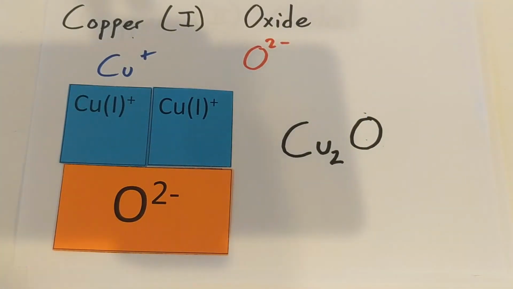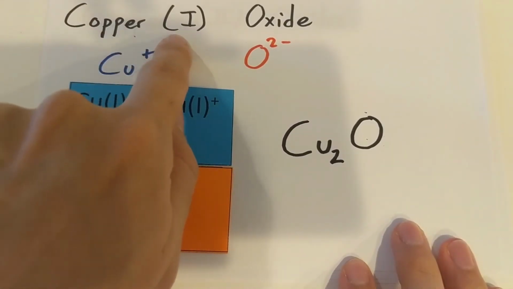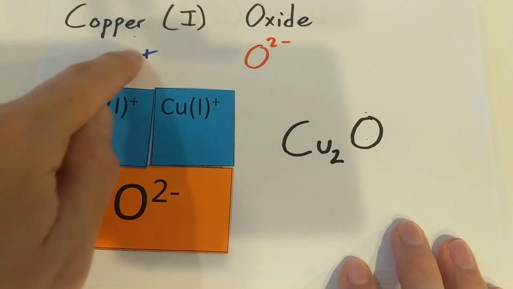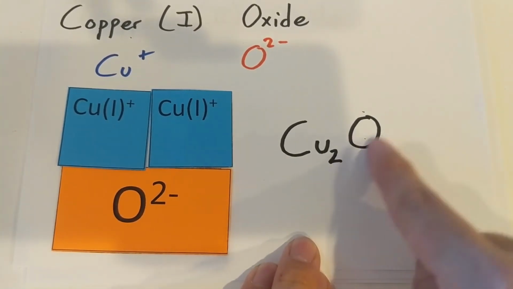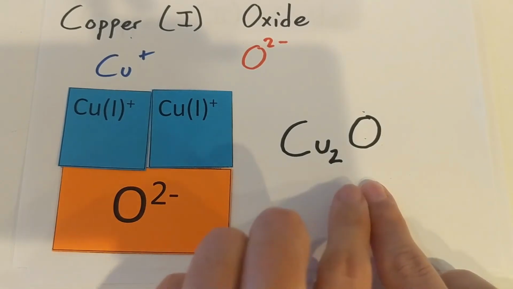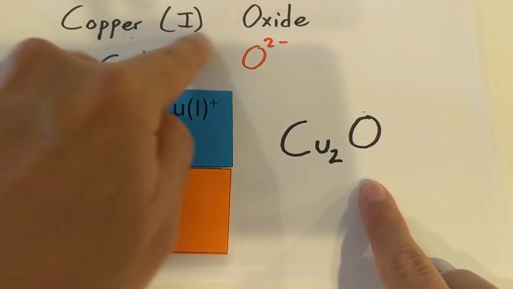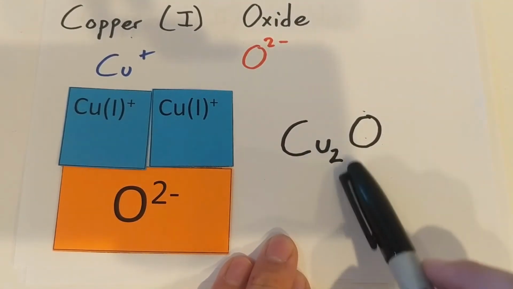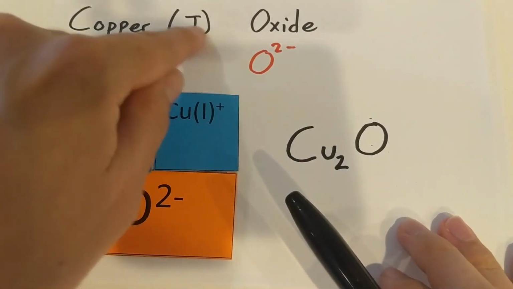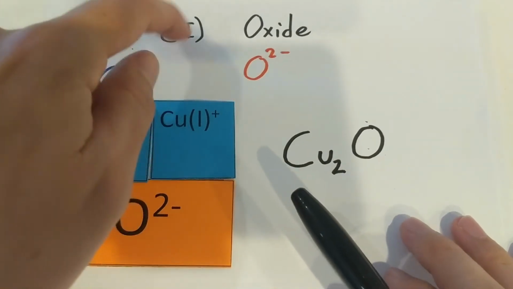So I want to restate this mistake because I see it a lot. When I have copper 1, that means the charge on my copper is +1, not how many I have. So if you see this copper 2 oxide, it's the same as copper 1 oxide, written out like that. This tells me how many I have here. This tells me the charge of my copper up here.